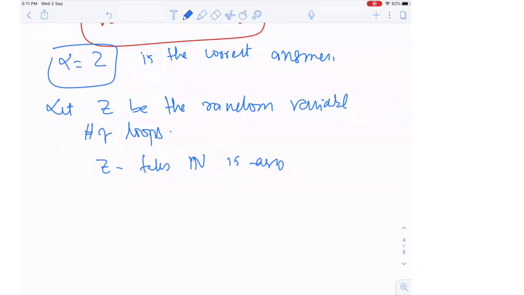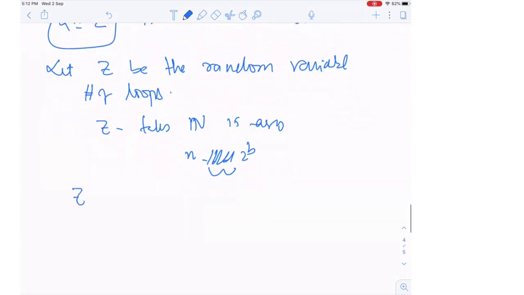Imagine I have n here and 2 power b here. If I keep picking some number in this range, there's a non-zero probability that I pick beyond n the first time, the second time, the third time, and so forth. Hence, we do not know what Z could take. So Z could take 1, 2, dot, dot, dot, n, and so on and so forth.